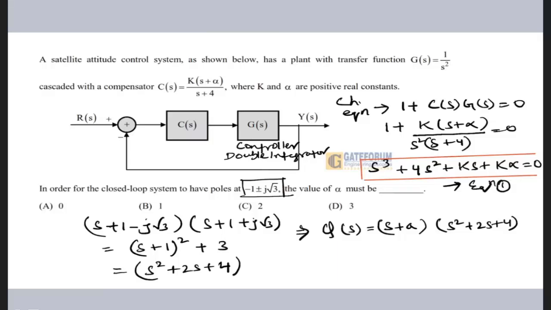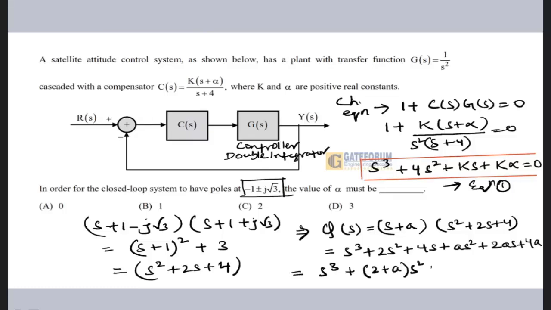So if I just open it, I'll get s cube plus 2s square plus 4s plus as square plus 2as plus 4a, right? I can further take this as s cube plus, s square is common, so 2 plus a into s square, plus 4 plus 2a is common.